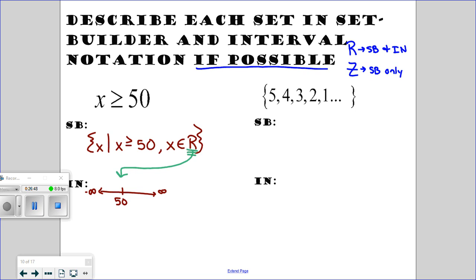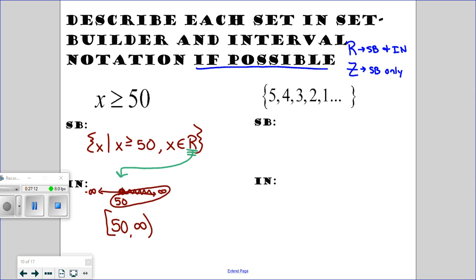Here's 50, greater than or equal to. Numbers bigger than 50 would be over here. There's my interval. 50 up to infinity, always parentheses on infinity, and then I make my decision. Or equal to tells me to bracket the 50, include it. Any questions on that first one?